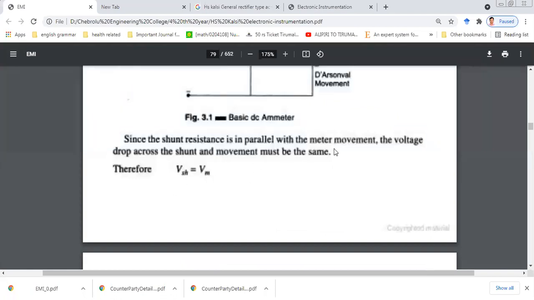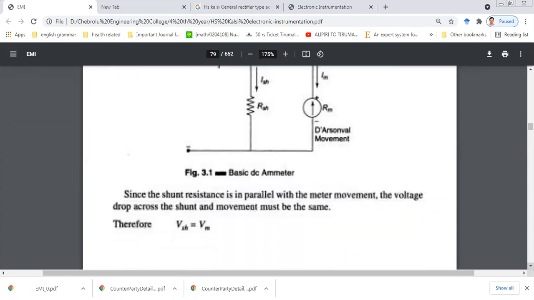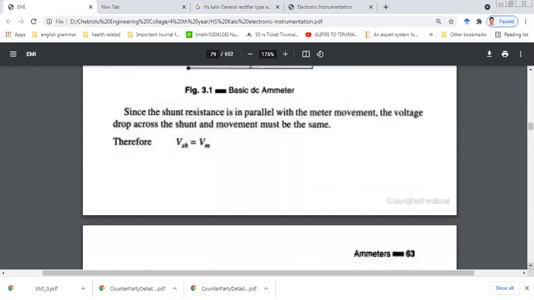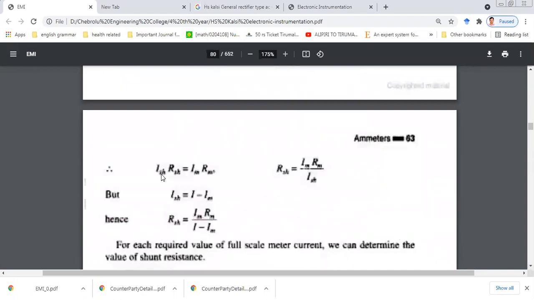Here VM, the voltage drop across the meter, and the voltage drop across the shunt must be the same, so VM equals VSH.